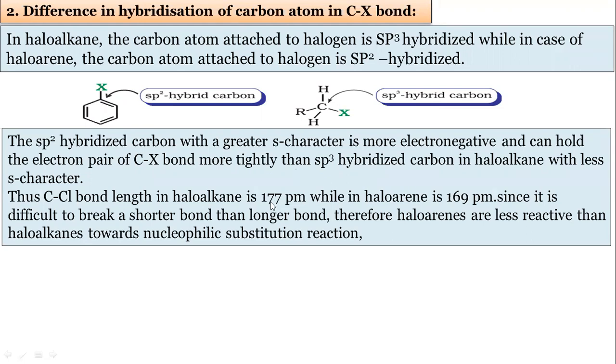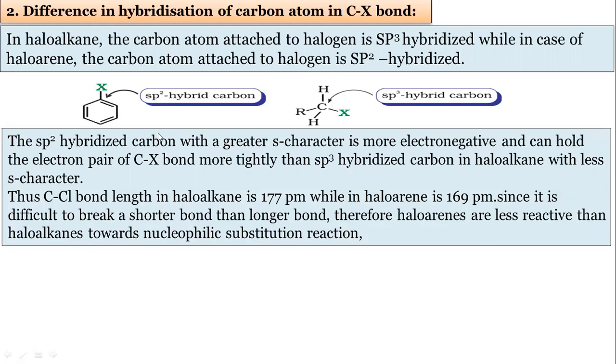Means if the bond length is more, the bond is weaker and can be easily broken. If the bond length is very short, the bond becomes very strong and it is very difficult to break. Don't remember the reasons, because it is not asked for board exam, but you should know why this bond becomes very strong.